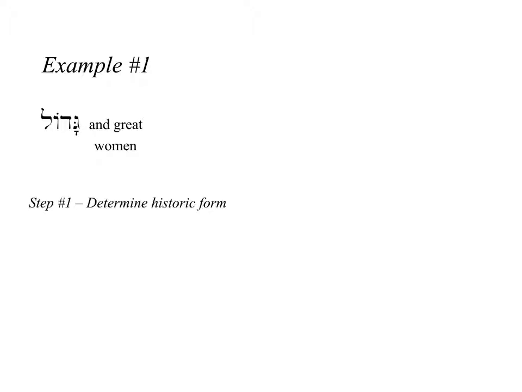So the first step, like we illustrated in the video lecture for the chapter, is to determine the historic form. When I look at this word, what I notice is that I have, first of all, a qamets, and we learned that qamets is almost always a historic short vowel.